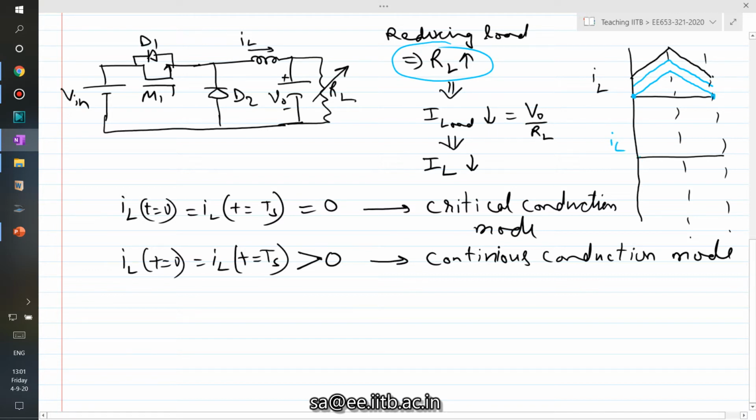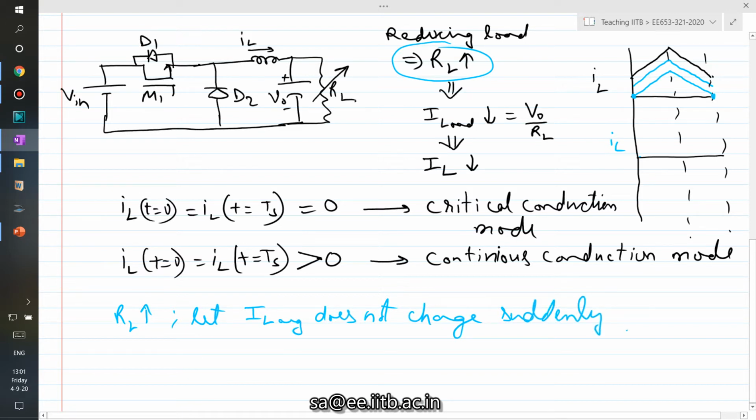So what happens is your load resistance has increased, right? Let's say the inductor current does not change suddenly. So you have increased RL further, and the average inductor current does not change suddenly.